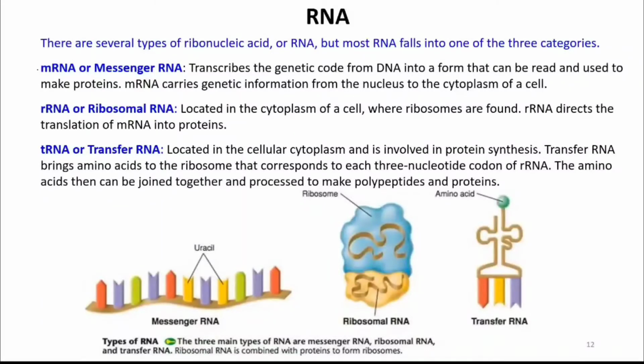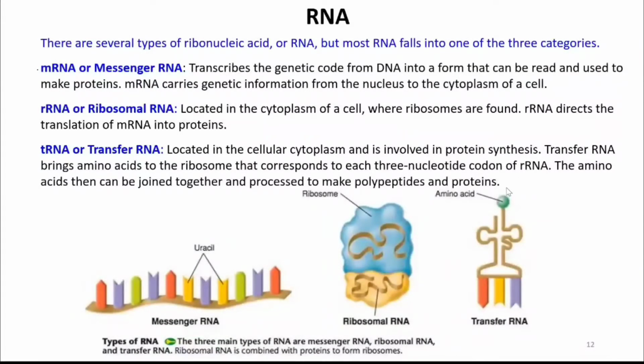And that is the second type of RNA. It helps the translation of messenger RNA into proteins. And it has 2 subunits. Depending on whether it's a eukaryote or a prokaryote, those subunits may be different. Then there is, finally, what happens is you need to get all those amino acids from the cytoplasm.